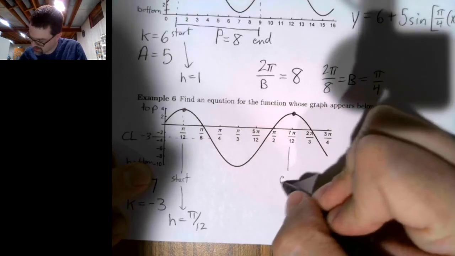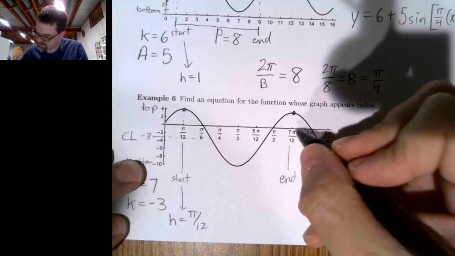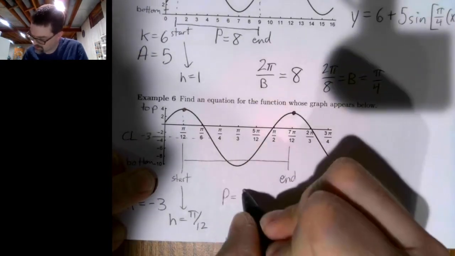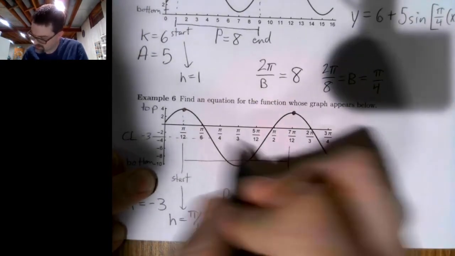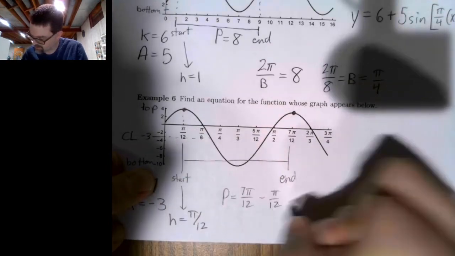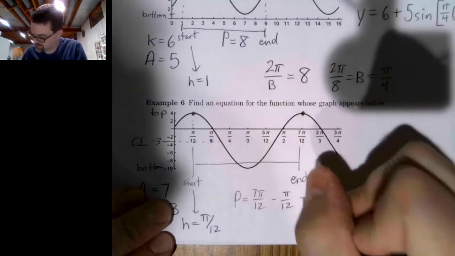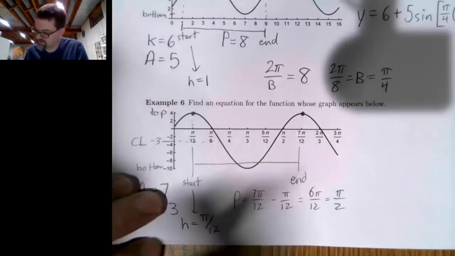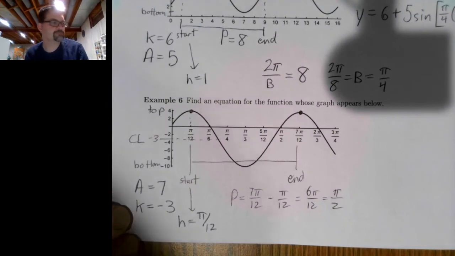So here's the end at 7 pi over 12. So the period is going to be this distance. So from pi over 12 to 7 pi over 12. How wide is that? Well, that's 6 pi over 12, which is just pi over 2.